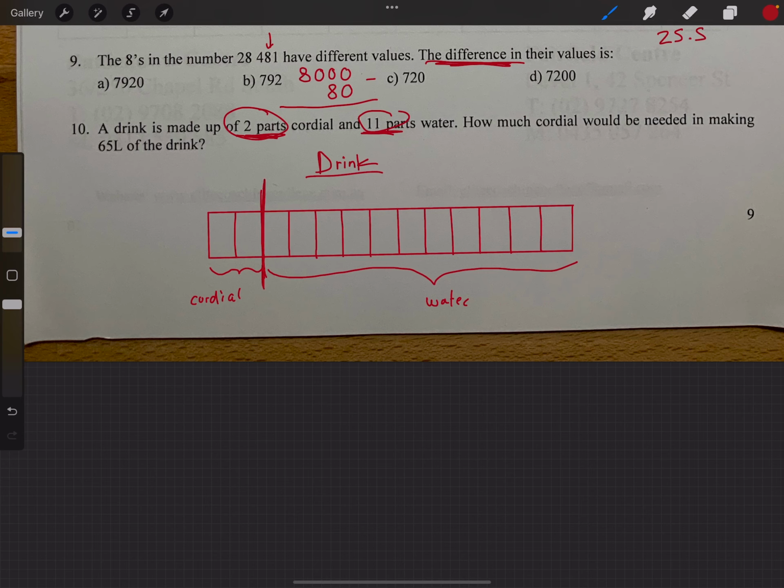How much cordial would be needed in making 65 liters of drink? So to make 65 liters, we need how much cordial? Well, let's take 65 divided by, how many pieces does it make to make one drink?